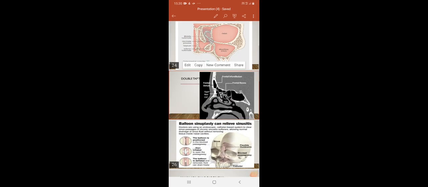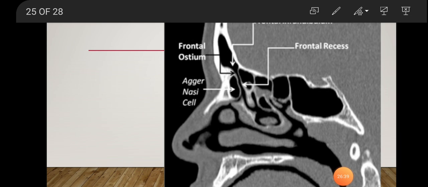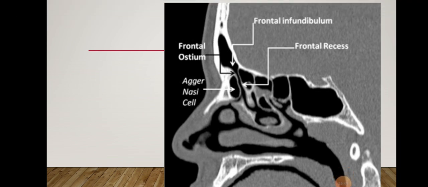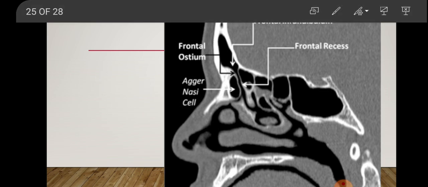And then this is again a sagittal section CT picture to show you the air sinuses. Yes, so these sinuses usually appear translucent as they are filled with air. They appear translucent both in X-ray and in the CT. Okay, so this is the frontal air sinus. You can see the frontonasal duct clearly. It is marked here as the frontal recess.